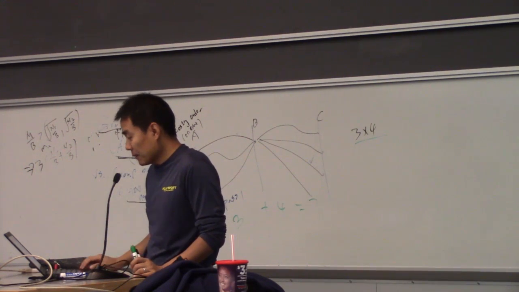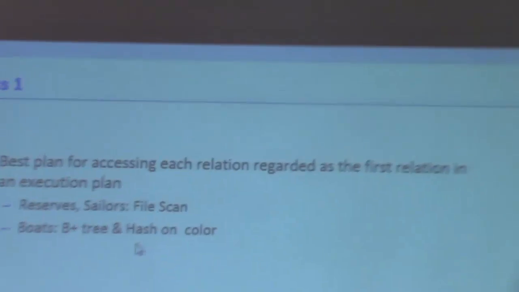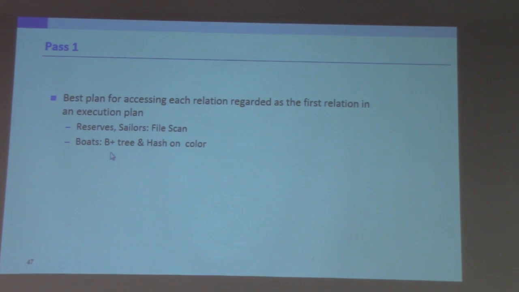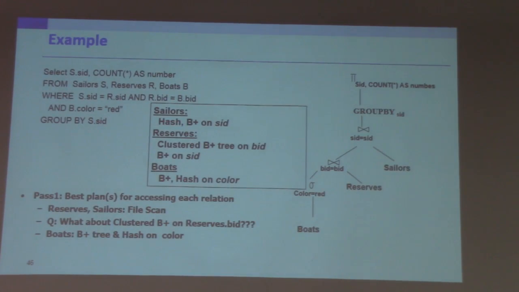For that reason, in this example, we will be considering both the hash index as well as the B plus tree. Why? Because the B plus tree might be a clustered index on color, so that the output of color is sorted. So it could be useful for the downstream evaluation.